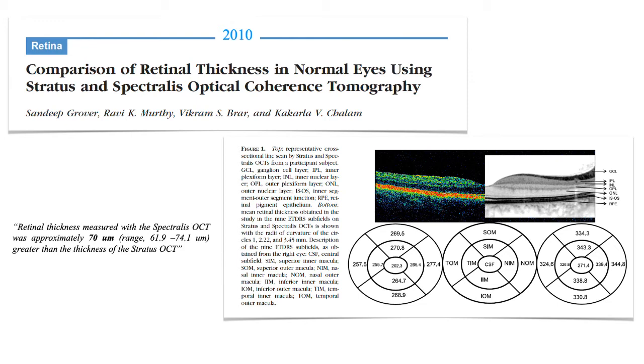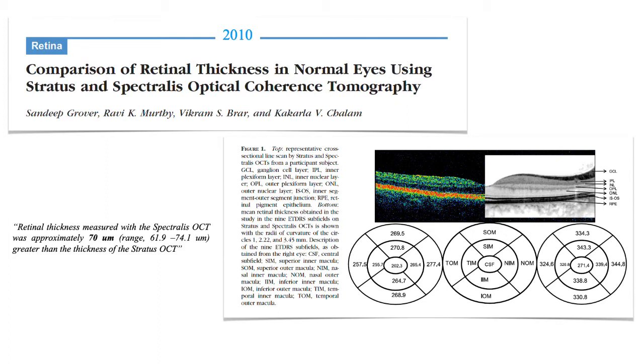So with the introduction in the market of more OCT devices, from different companies that produced them, the first problem that came out at that time was how we can compare the measurement, in this case the full retinal thickness, between devices.